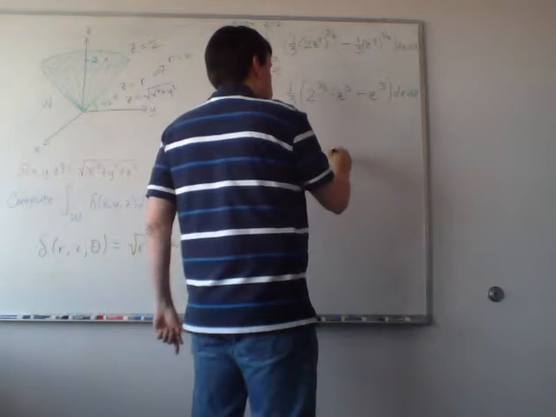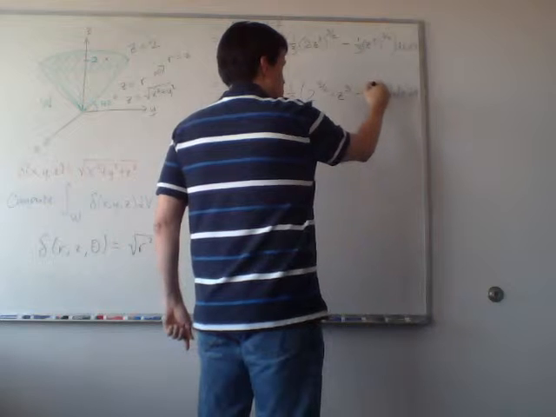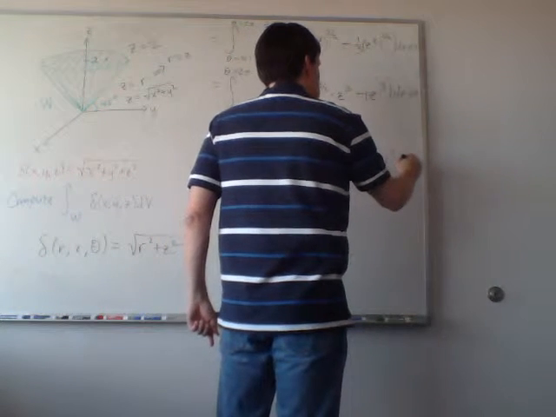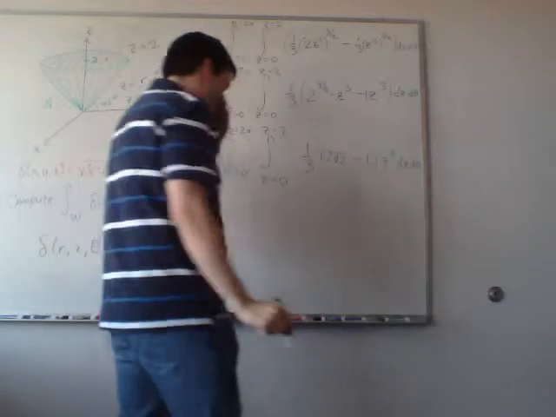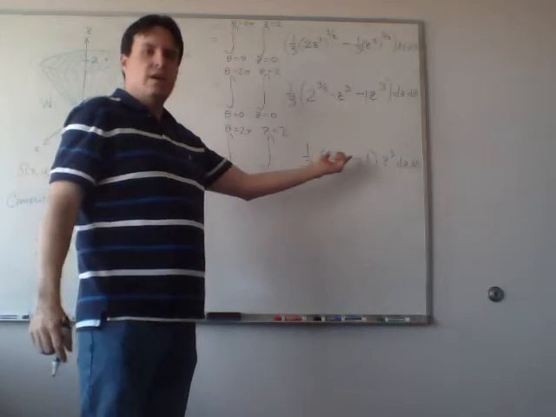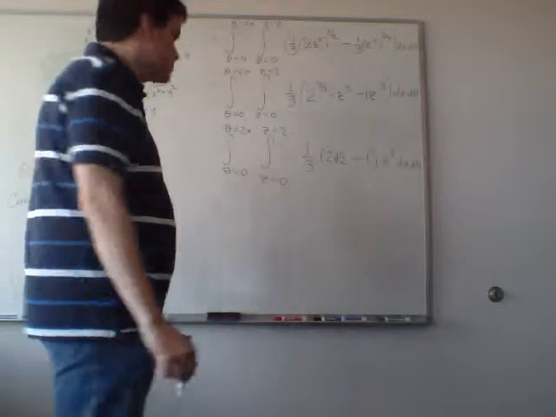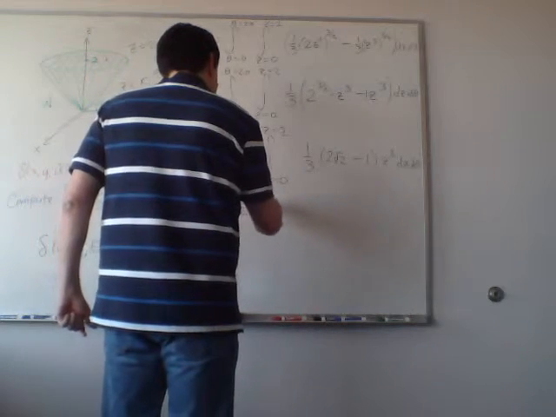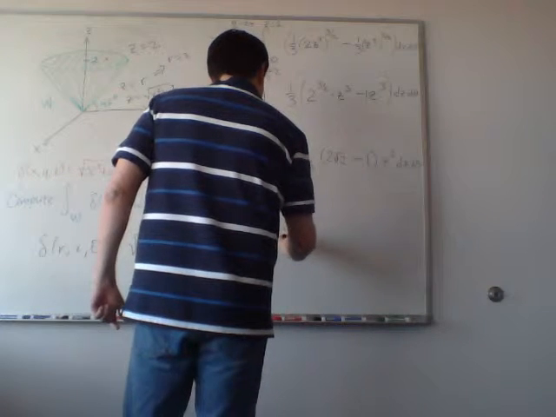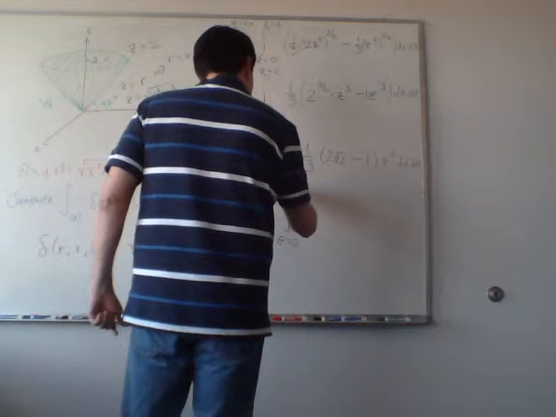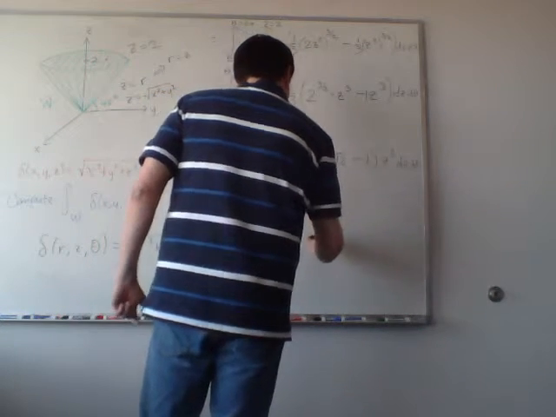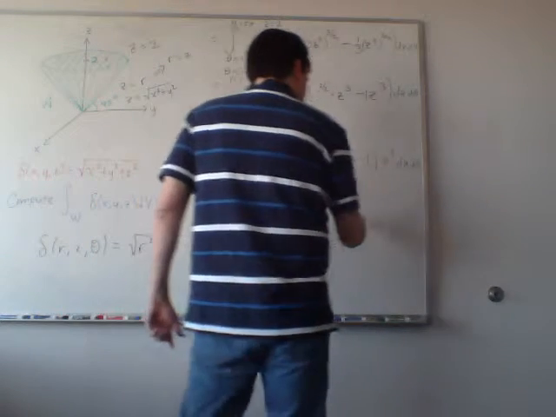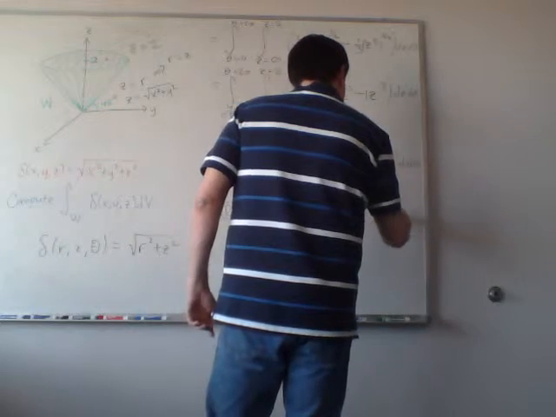I got 2 to the 3/2, which is 2√2, minus 1, z cubed dz d theta. And this part now is a constant that can be pulled out of the integral. Now 1/3, 2√2 minus 1, integral from theta equals 0 to 2 pi, from z equals 0 to z equals 2, z cubed dz d theta.